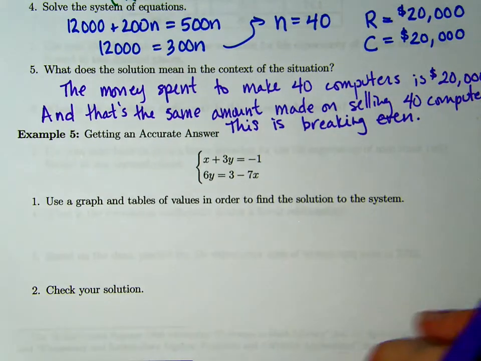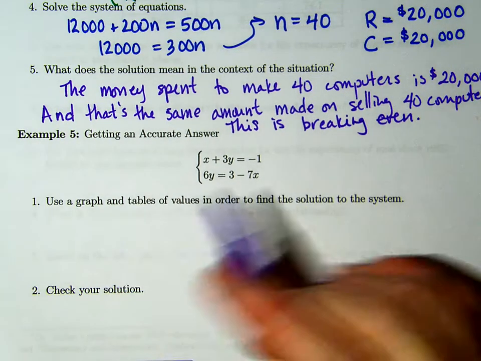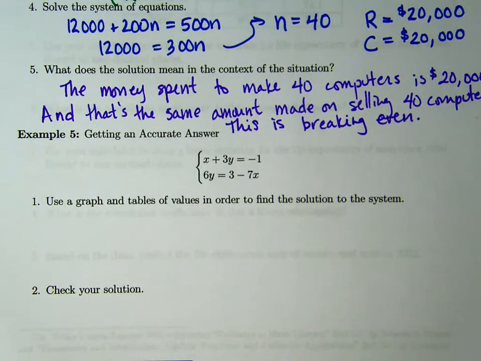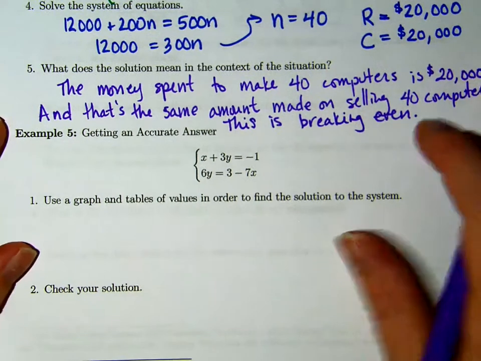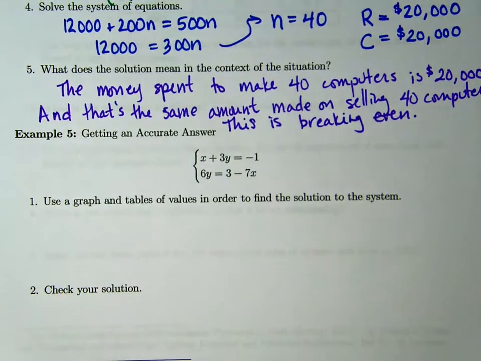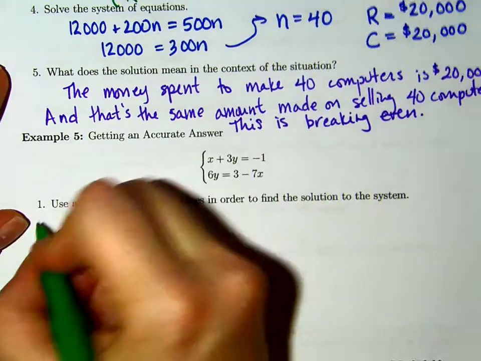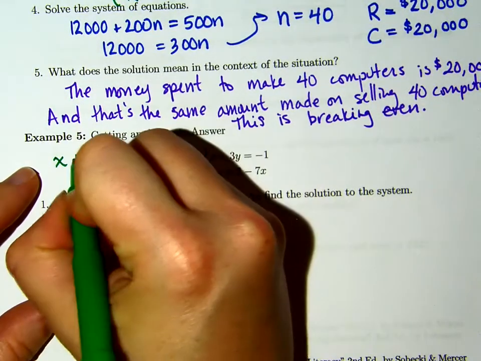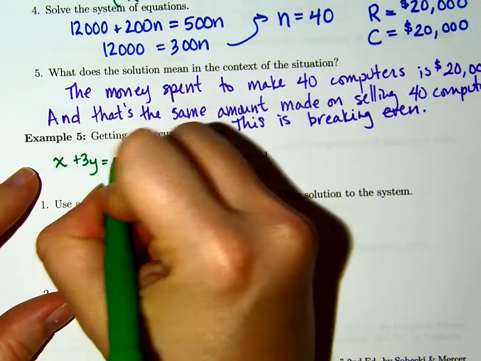I feel like we're going to have to do a similar thing where we rearrange these and write them in y equals form. The first one: x plus 3y equals negative 1.